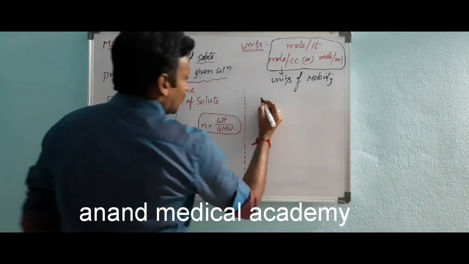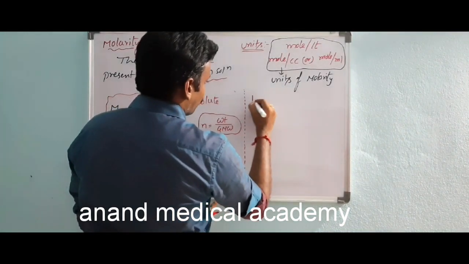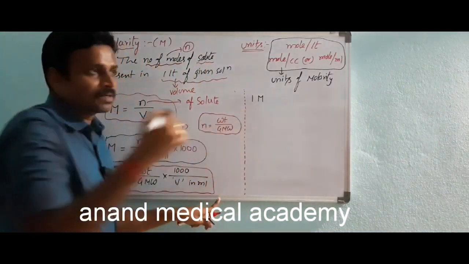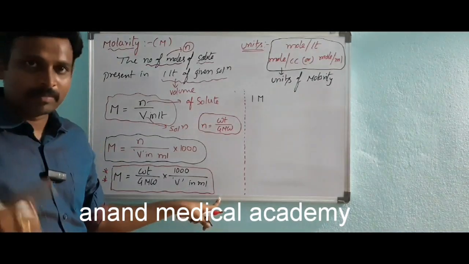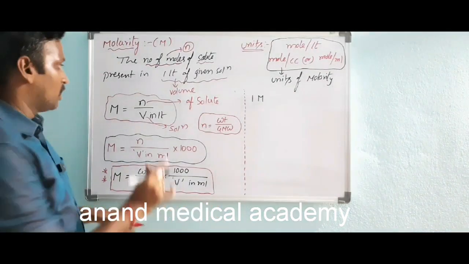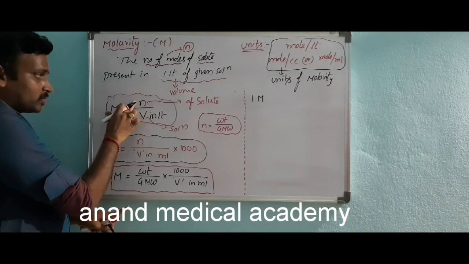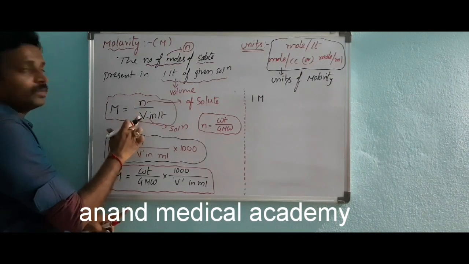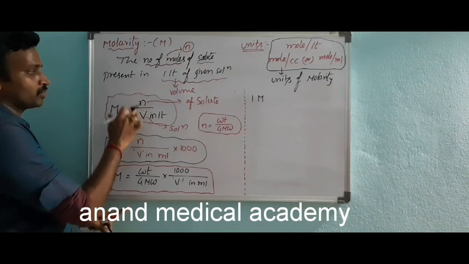If the molarity is 1 M, we represent capital M, it means number of moles is 1 mole per 1 liter volume, or 2, 3, then the molarity will be 1.